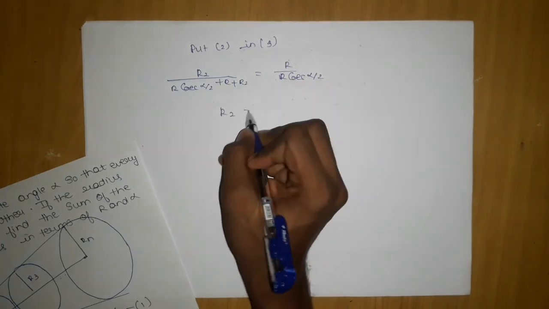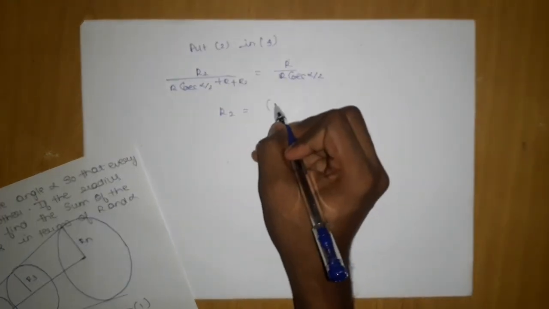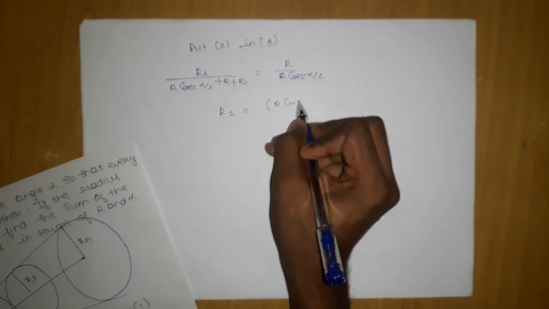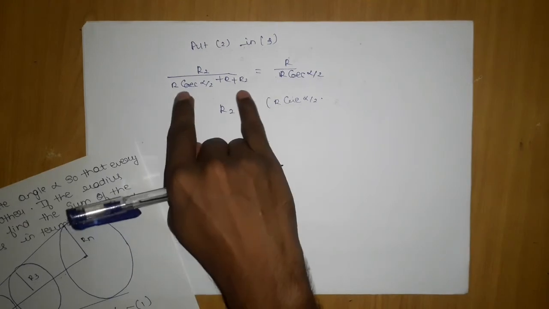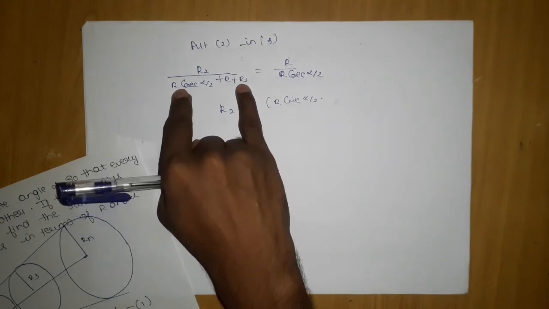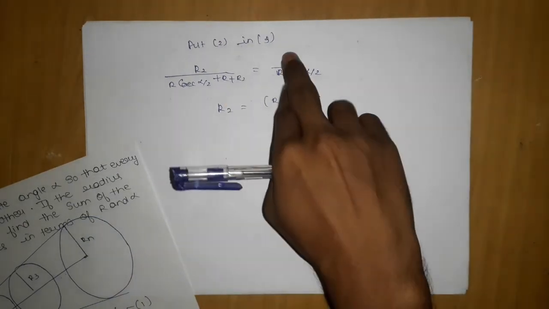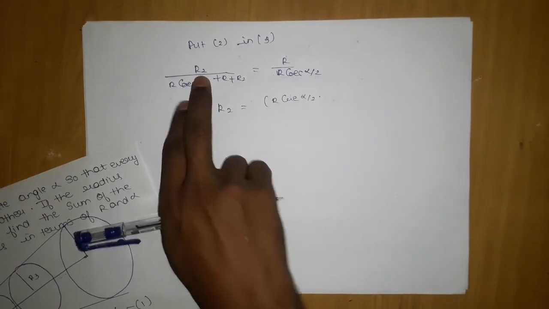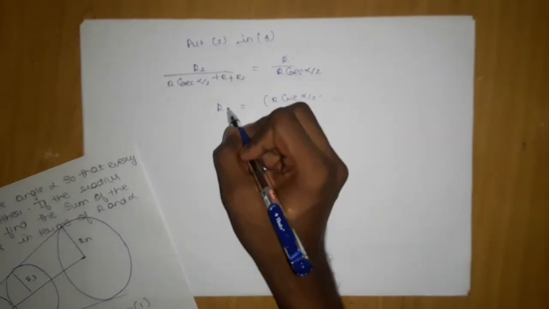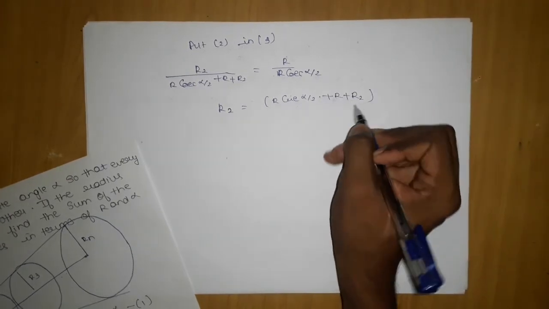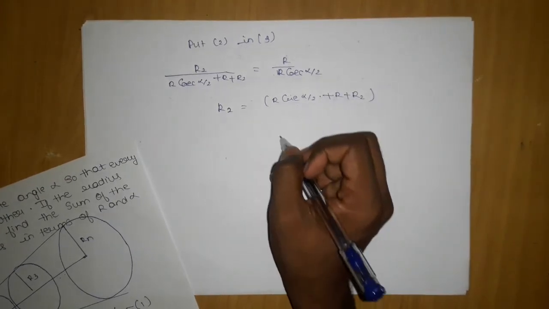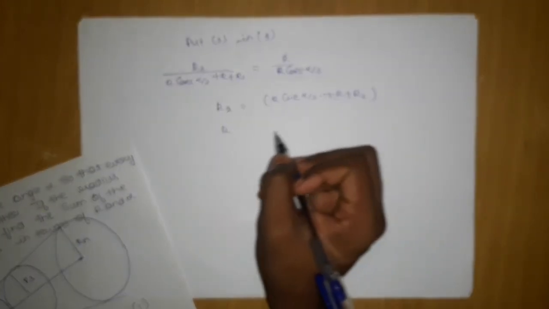Let me do it in steps, then you will understand. r cosec alpha by 2 plus r2, right? This step is very clear. We just cross multiplied.